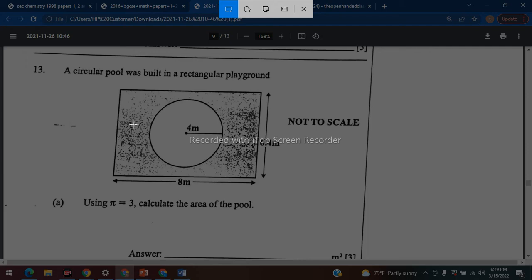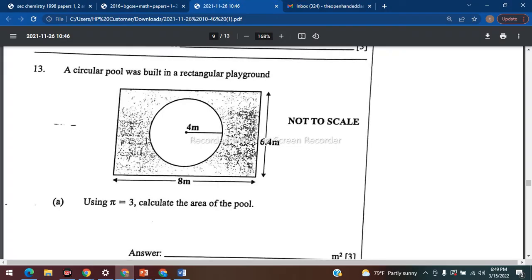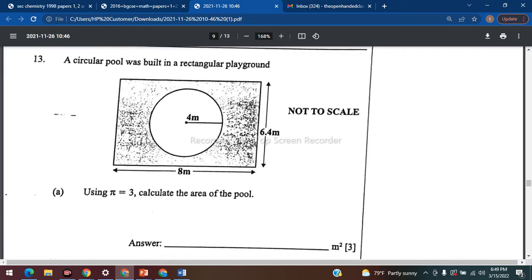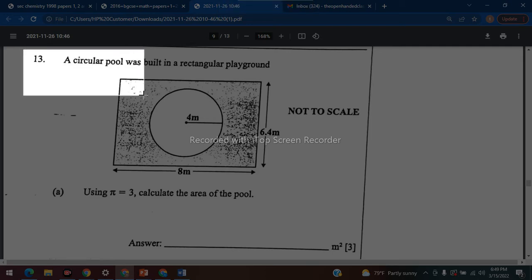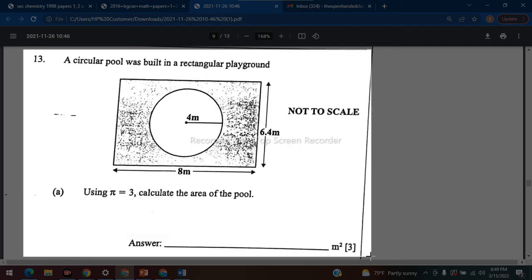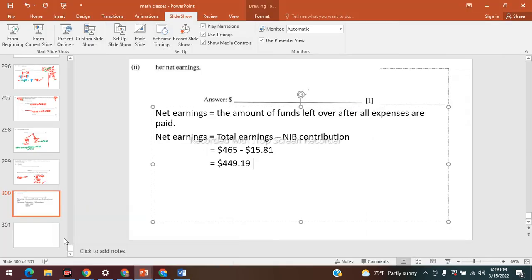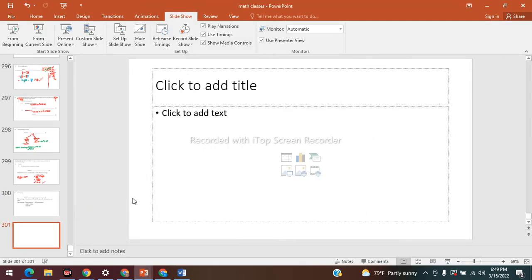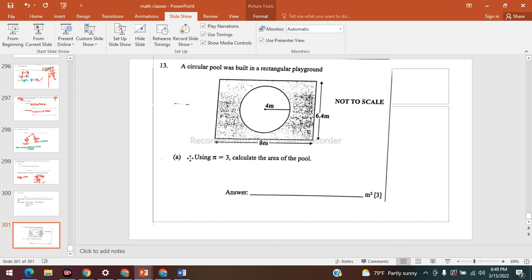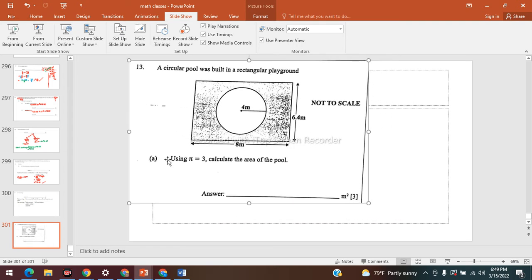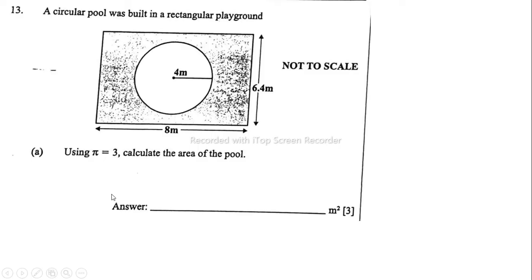Okay, so the next question is, we're dealing with a circular pool, and we know this one always comes on your exam. Can anyone remember the area of our circle, the formula? Pi r squared.